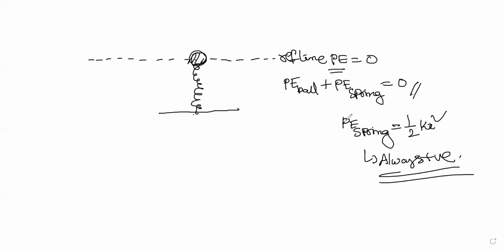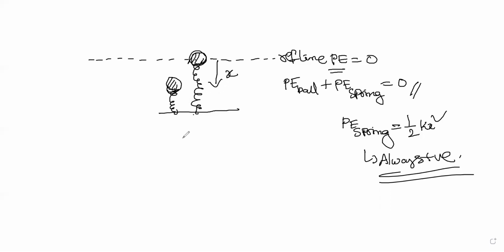Clear? Now, at the reference line PE is 0. When I move down from the reference line by a distance of x, I have compressed the spring to this point, at a distance of x, right?